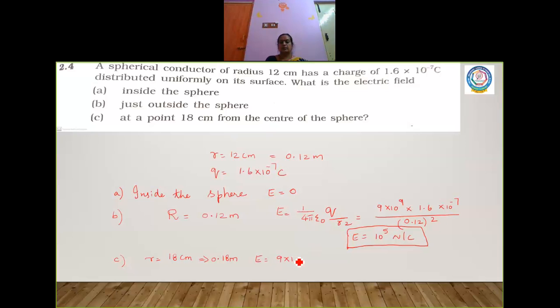So 9 into 10 power 9, again the charge is the same, 1.6 into 10 power minus 7, divided by, instead of 0.12, we'll substitute 0.18 square. So when you simplify, the answer will be 4.44 into 10 power 4 Newton per coulomb.